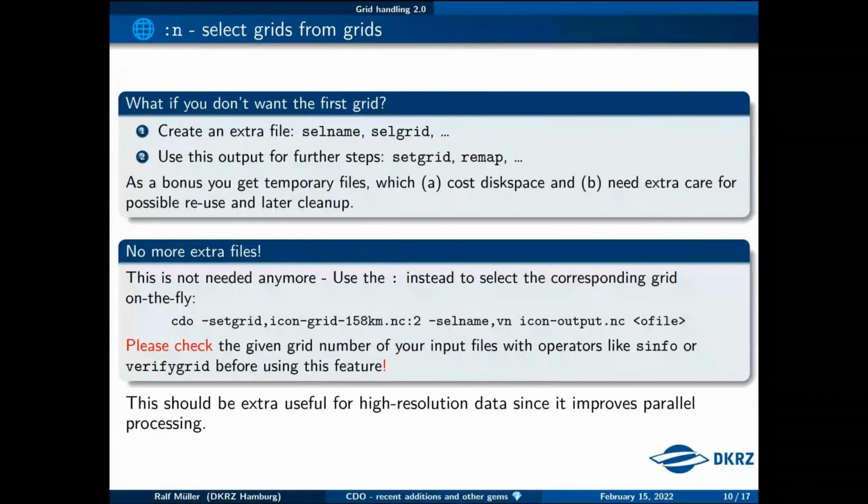And you use these edge coordinates to get connected to the variable vn, which is the normal velocity of ocean output, for example. And that way you can attach the data variable to the right coordinate variable and finally do some regional selection or conservative interpolation or whatever you want. So no need for intermediate files anymore. You can just use the colon and the right ID, and that's it.